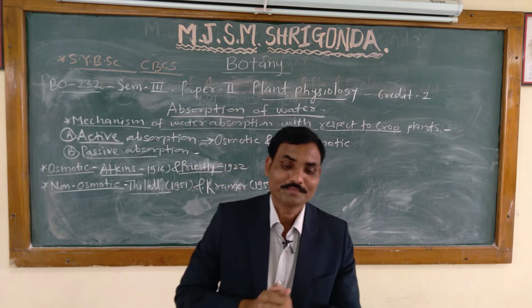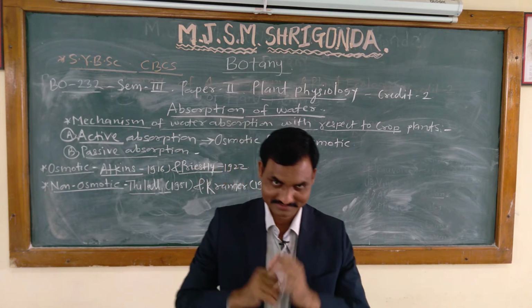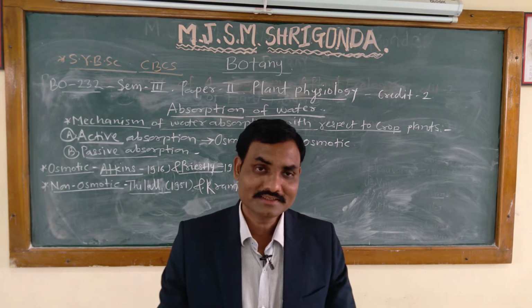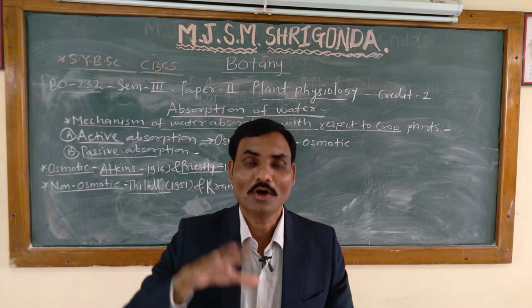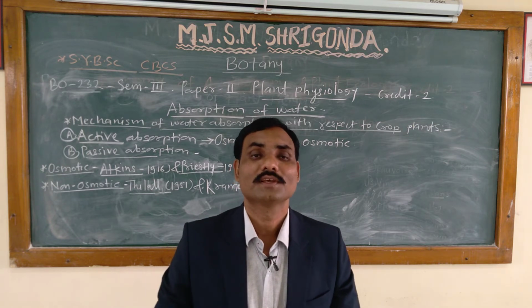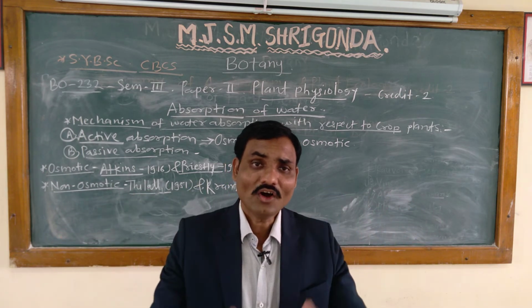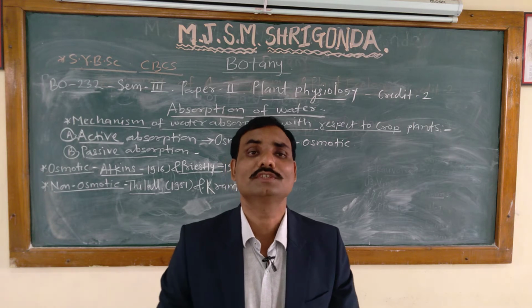Then we know that root hairs act as a water absorbing organ. We know that in a plant there are two main organs. Some organs are underground, some organs are aerial. And the organ which is underground is called root.